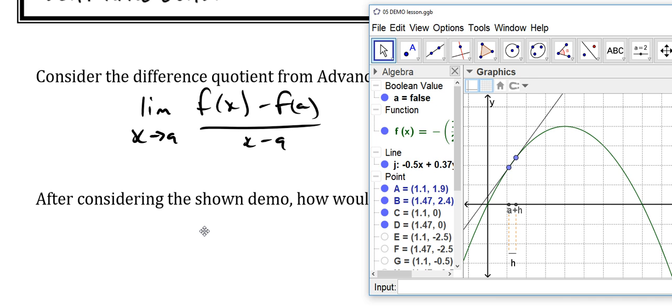Here, I'm going to give you a hint. Think about where this formula originally came from. Grade 9.